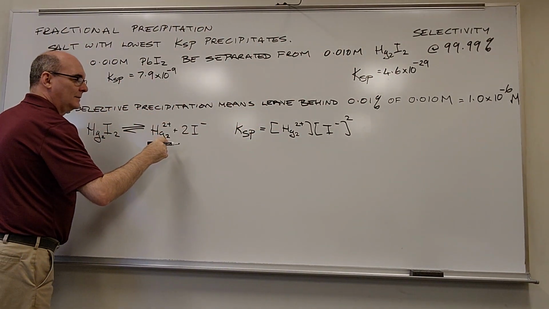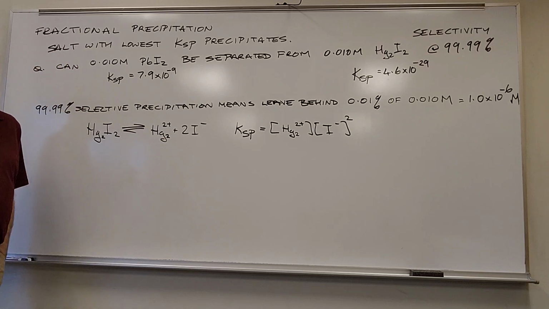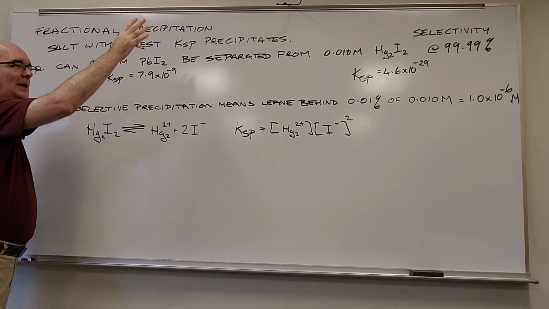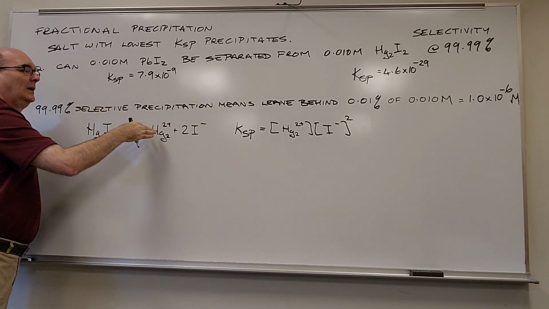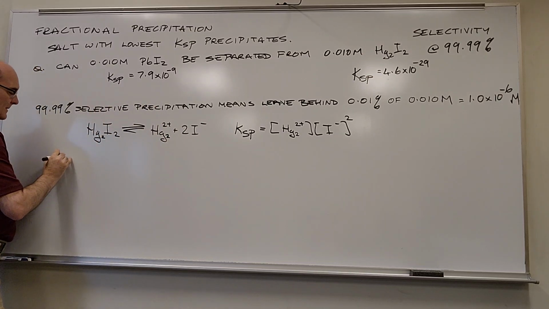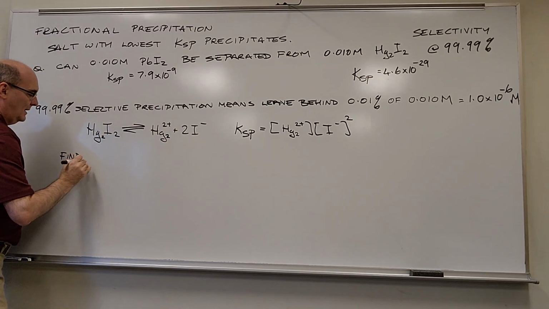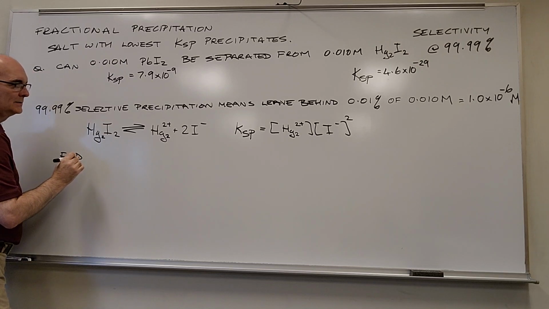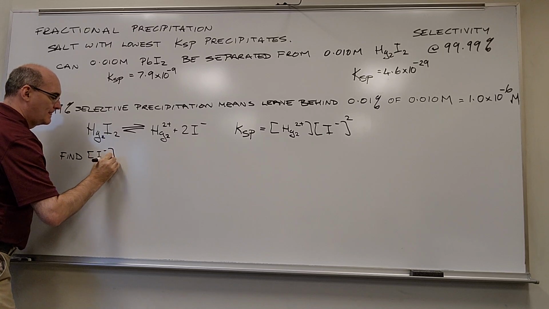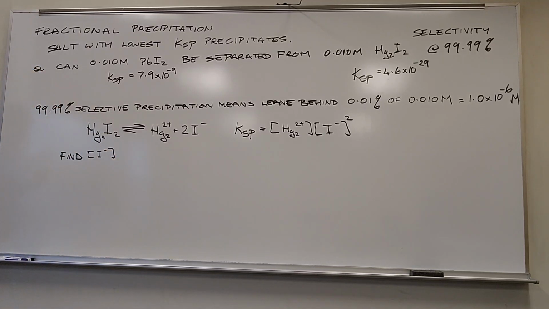And again, if we were ever going to give you this, it would come with a note that says calomel, or whatever the iodide of calomel is, breaks apart this way. All right, go ahead and find the concentration of iodide you need to make this happen.